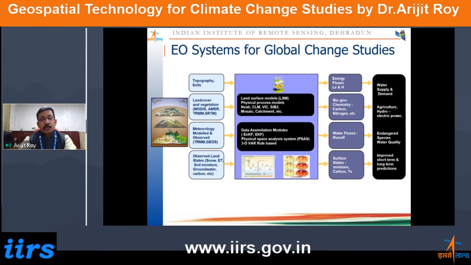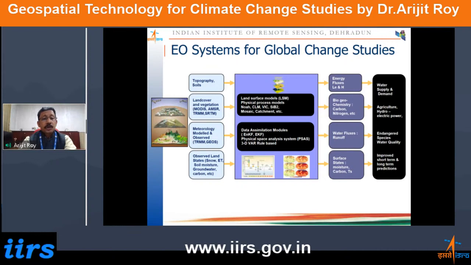So, when we talk about the Earth observation system or satellite-based remote sensing, data processing, and data reception, the satellite system provides information on the topography, soil, land cover, and vegetation.